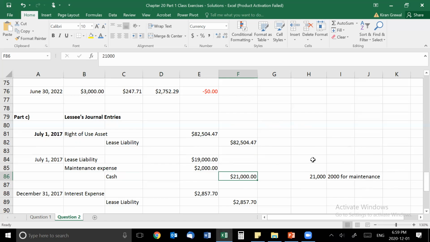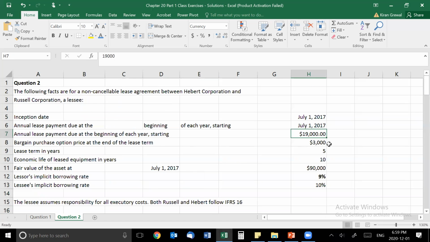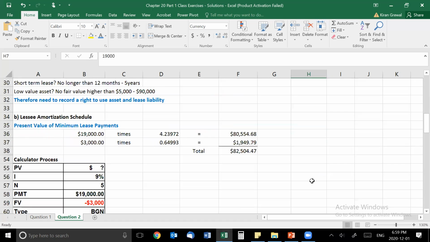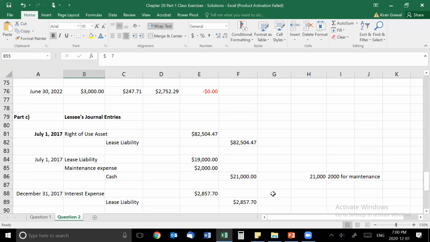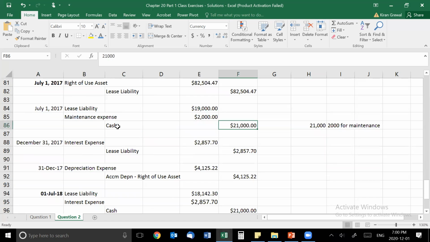So if instead of 19,000, it said 21,000, but the 21,000 includes 2,000 for maintenance expense, then this PMT would still be 19,000 to figure your PV, but you'd have to pay cash of 21,000 every year. So this 2,000 would go into maintenance expense.